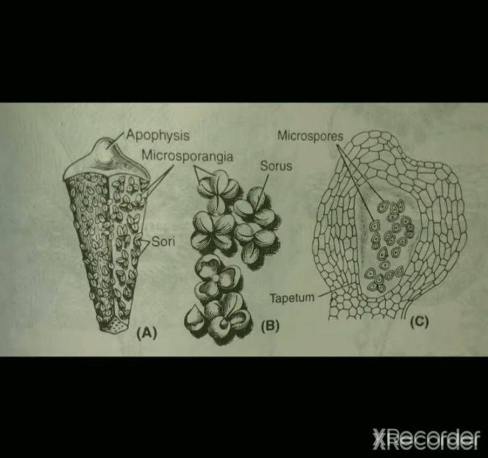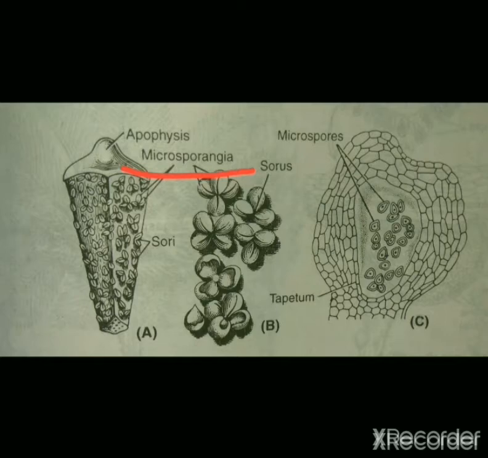As you see in this diagram, this is a single microsporophyll, and in this microsporophyll the microsporangia are present, and in the microsporangia many tiny structures are present. They are known as microspores.